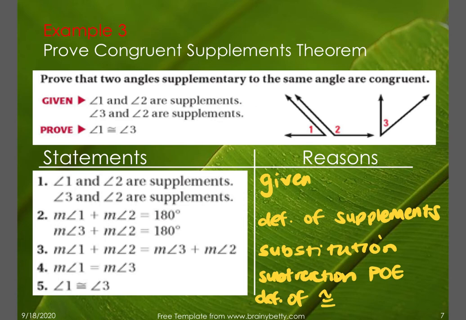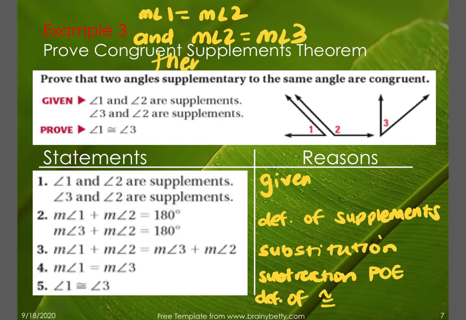But that's if you had said the measure of angle 1 equals the measure of angle 2, and the measure of angle 2 equals the measure of angle 3, then angle 1 equals angle 3, that's transitive. But here we took 1 and 2, that was equal to 180, and 3 and 2. We replaced this, and so you're replacing more than a singular object, which is why it's substitution.